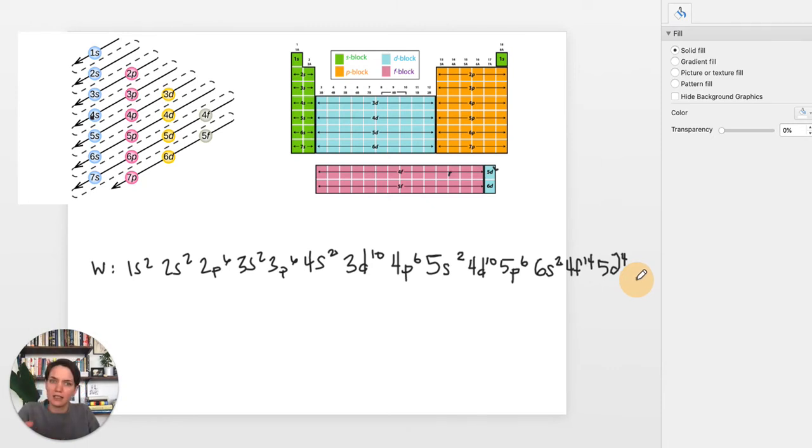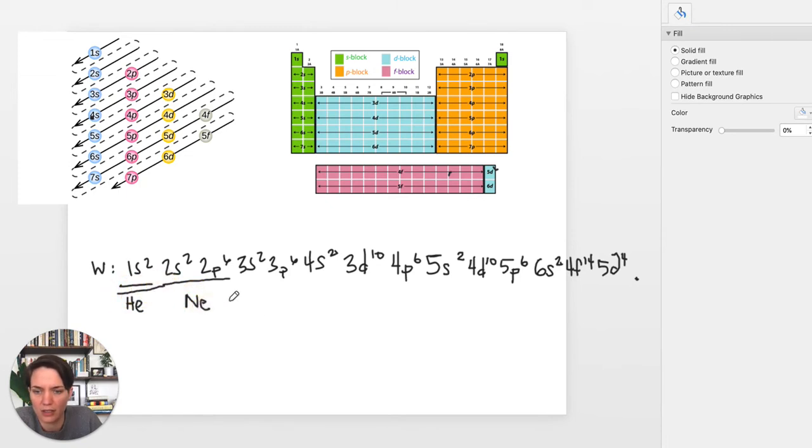All right, you're going to want to get a ton of practice with these. One really cool trick is that if you look at this electron configuration of tungsten, notice this 1s2 would be the electron configuration of helium, a noble gas. 2s2 to 2p6 would be the electron configuration of neon, right?